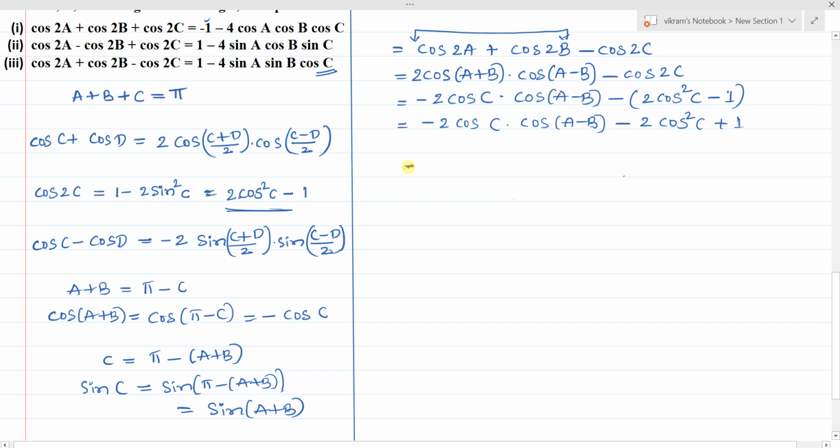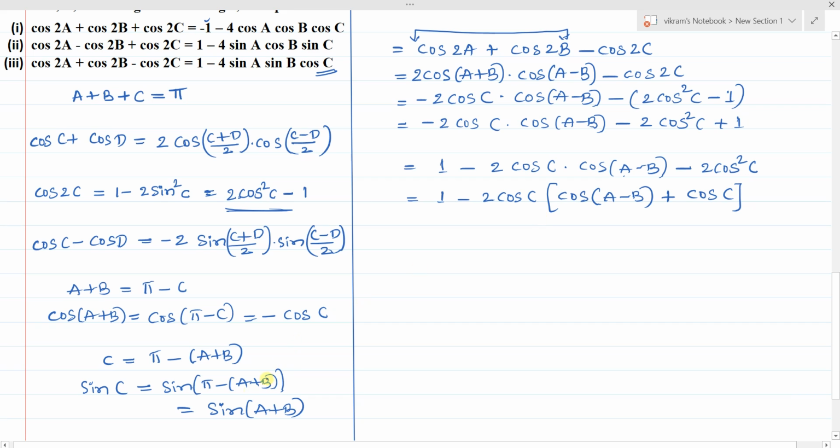So now we can write this as 1 minus 2 cos c into cos of a minus b minus 2 cos square c, and by taking 1 minus 2 cos c common we can write this as cos of a minus b plus cos c.